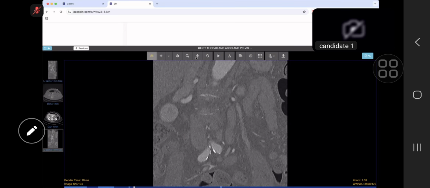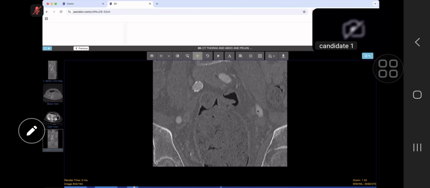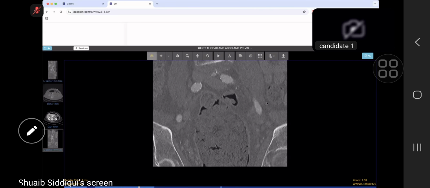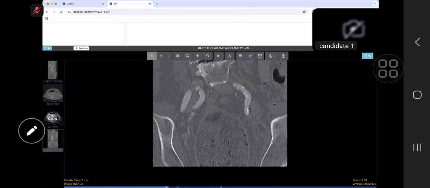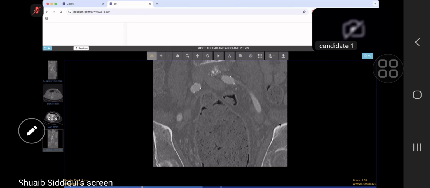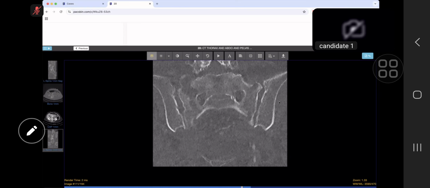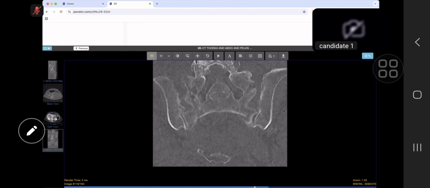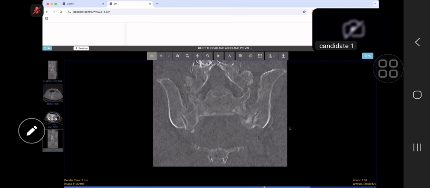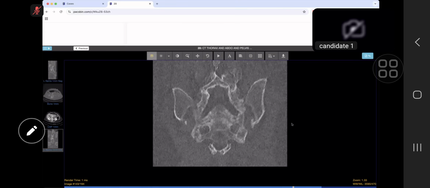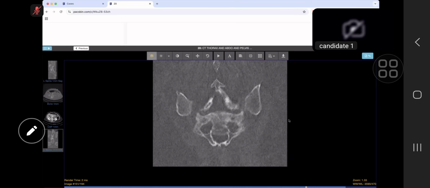In the coronal views, I can see a linear cortical break in the right side of the sacrum, and even on the left side, with associated diastasis of the SI joints as well.